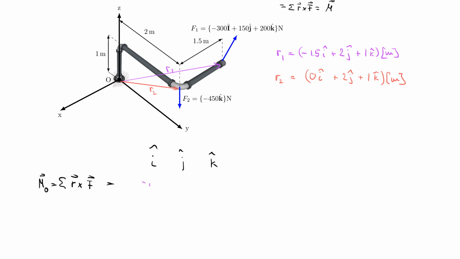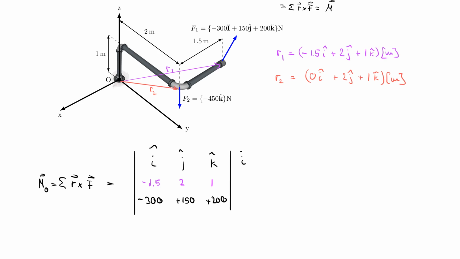So minus 1.5 plus 2 and plus 1. And then I match that with F1, which was nothing else than minus 300 plus 150 and plus 200. And that would be my first matrix that I have to find the determinant of.